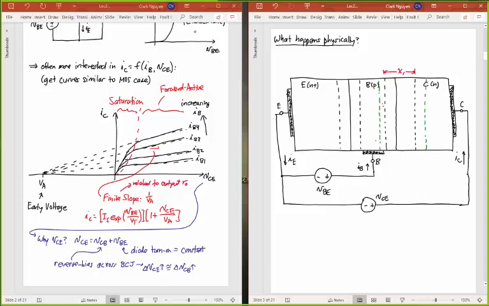I'll define X1 as a depletion region width at the base collector junction for VCE equal to one VCE, which I'll call VCE1.